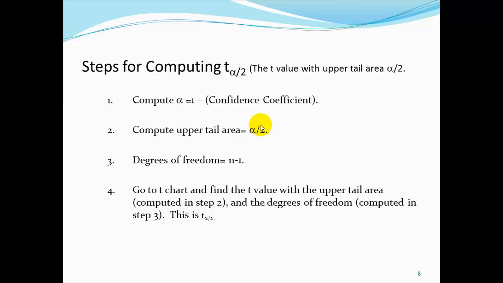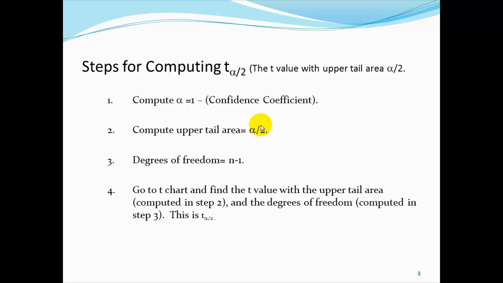Moving forward, we have our steps for computing t alpha over 2. By definition, t alpha over 2 is the t value with the upper tail area of alpha divided by 2. In step 1, we compute alpha as 1 minus our confidence coefficient. In step 2, we compute our upper tail area. This upper tail area is computed as alpha divided by 2.